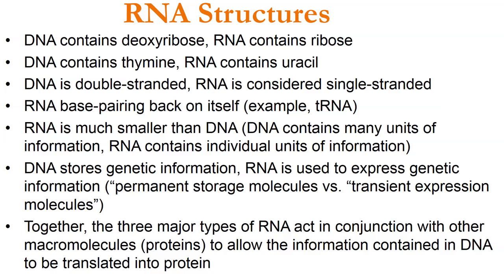But for the most part, DNA is huge and RNA is small. DNA contains many units of information. Chromosomes have many, many genes in there, and each one gets transcribed and we make just a little segment of RNA from that. So RNA contains individual units of information where DNA contains many.